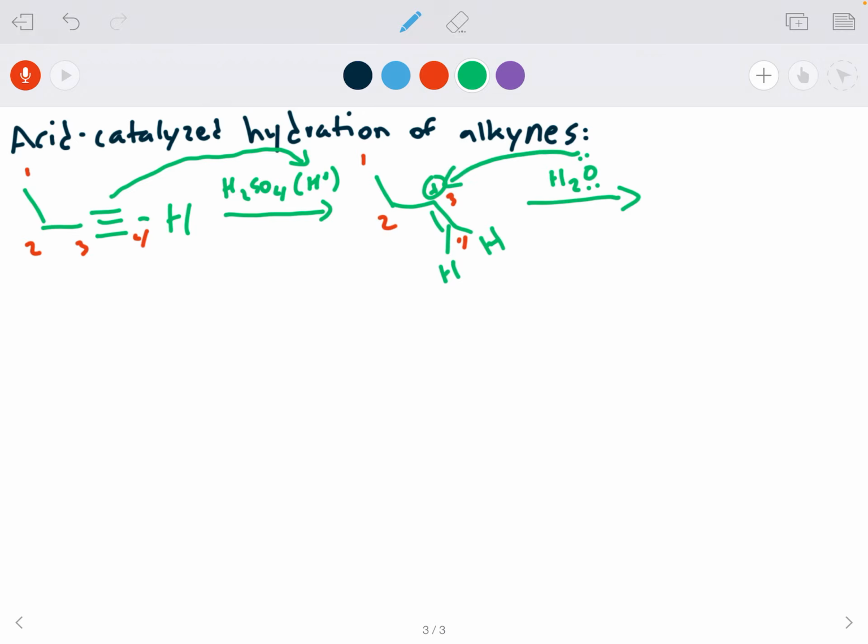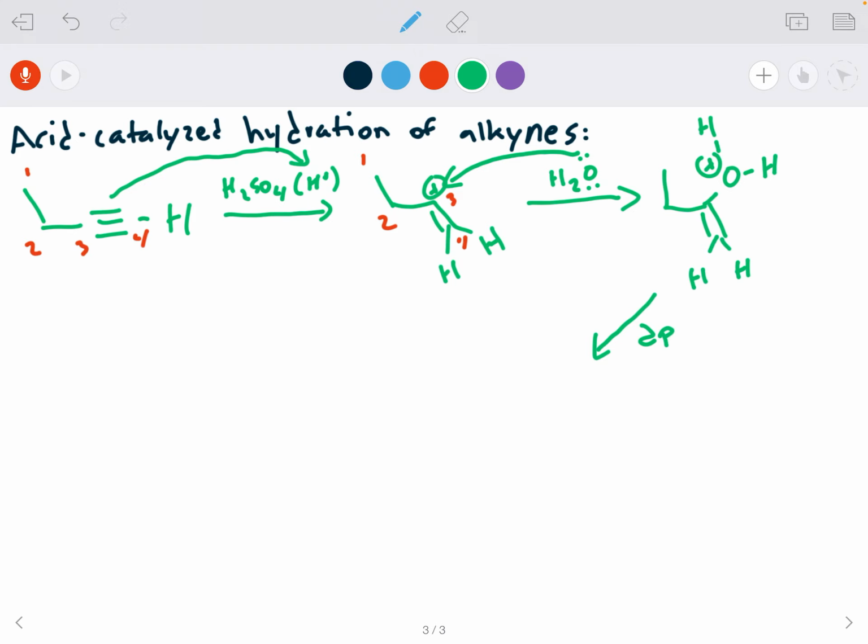The oxygen's lone pairs will come in and attack. Now deprotonation can happen here, so I'll just label that DP, but you'll just have one of the waters, given this is acidic conditions, pick up one of those hydrogens to form H3O+.